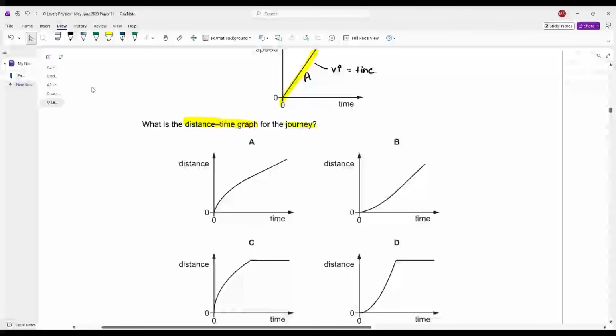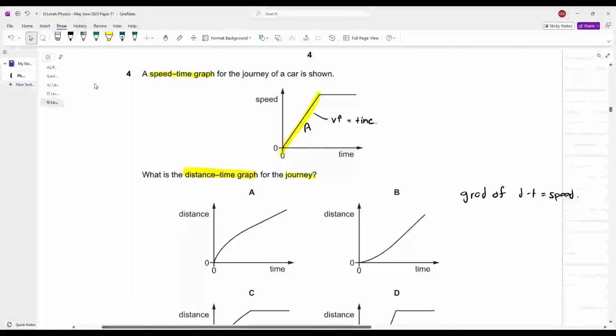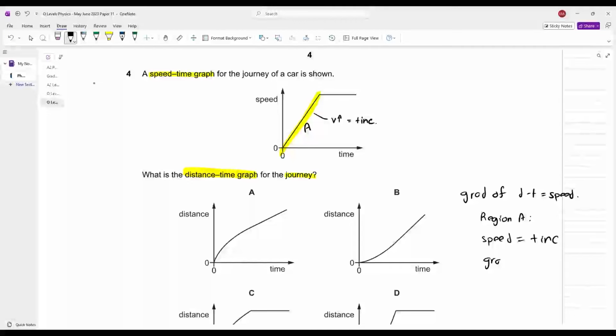अब बेटा, क्या आपको ये बात याद है? Gradient of distance time graph is equals to speed, है ना? Gradient of distance time graph क्या हुआ करता था? Speed. In the yellow highlighted region, in the region A, your speed is what? The speed is positive and increasing. That means your gradient will also be what?